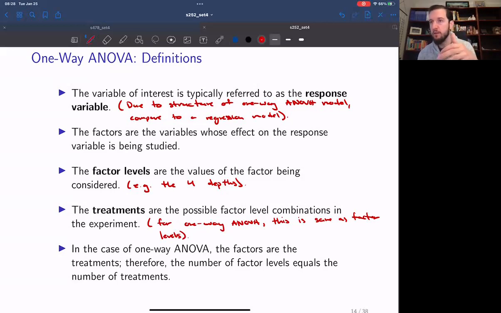There'd be 4 levels, and the factor levels are the separate depths, so those ranges. The treatments are combinations of the factor levels, which in the case of one-way ANOVA doesn't actually mean anything. They are the factor levels directly. But when we move to a completely randomized block design or a two-way ANOVA, the factor levels can interact with each other, and that creates different treatment combinations. So for now, you can consider these things synonymous, but once we get to the more complicated designs, this definition of treatment will come into play because we have different factor levels interacting with each other.